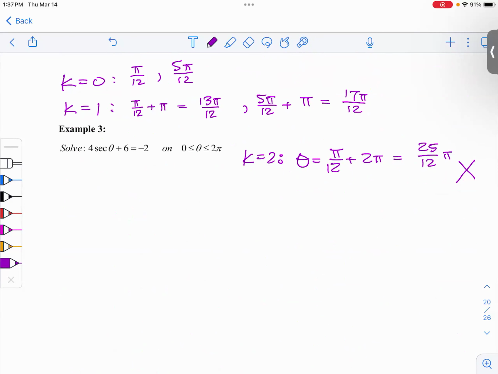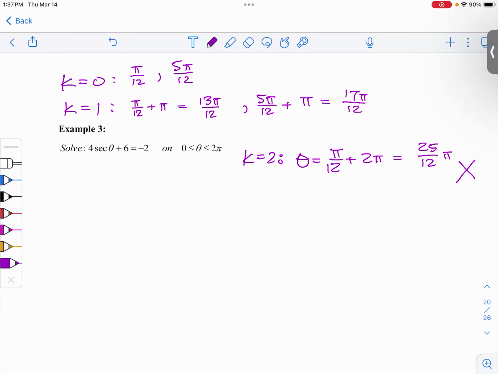I know that 25 pi over 12 is greater than 2 pi because this number is larger than 2. You can always check that in your calculator. 17 twelfths is 1.6-ish, that guy is 1.1, that guy is half, and that one is 1/10-ish.